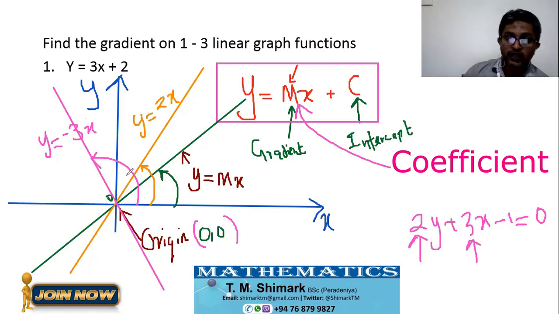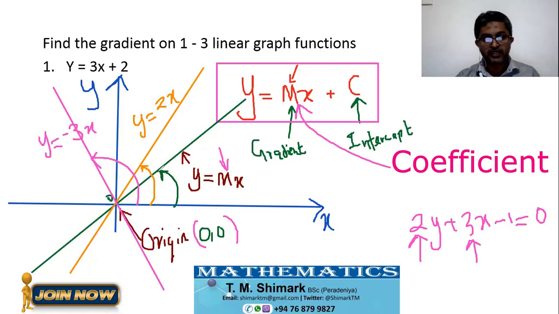So y equals minus 3x, y equals minus half x, y equals minus 2x, something like this. Always we saw that they get an obtuse angle. The plus values come as acute angles. The point here is m, the gradient. How much tilted with x is the gradient, right?